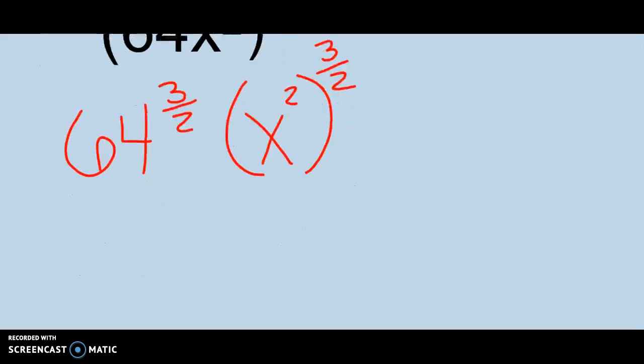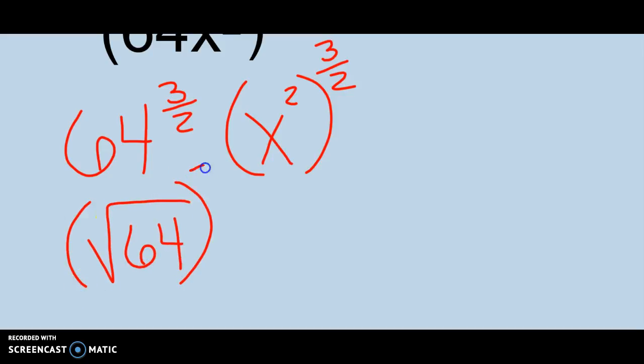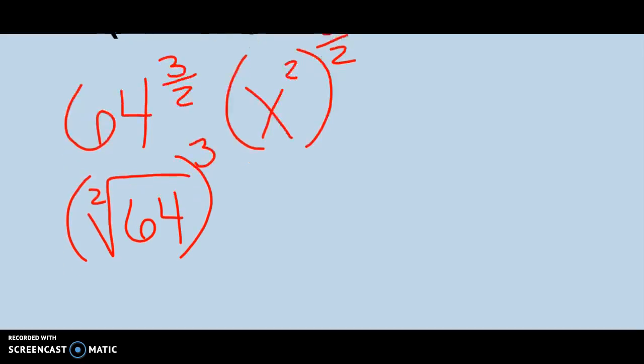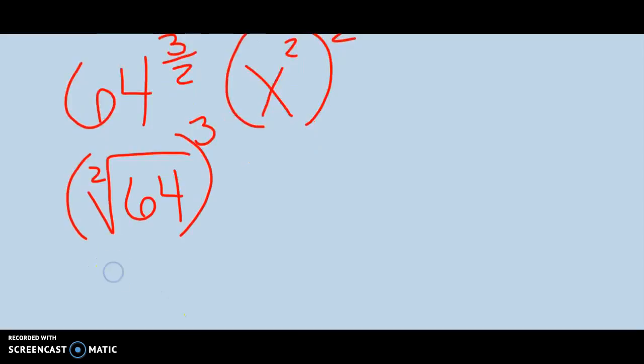If you think about it, you're taking the square root of 64 and then you're cubing it, right? This is the square root. So the square root of 64 is 8, and then 8 cubed. I have to calculate that because I don't know it off the top of my head. All right, so I got 512.